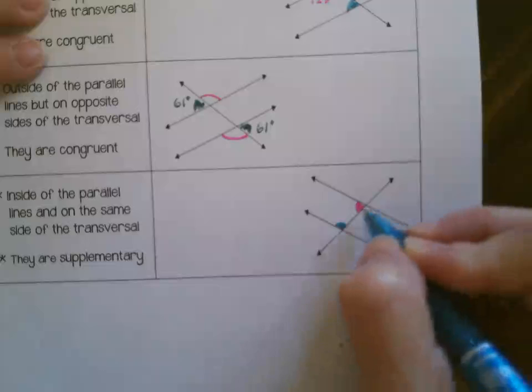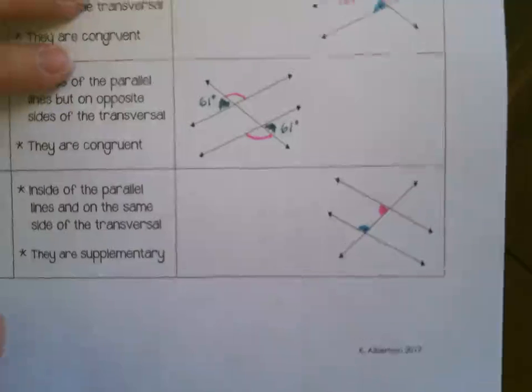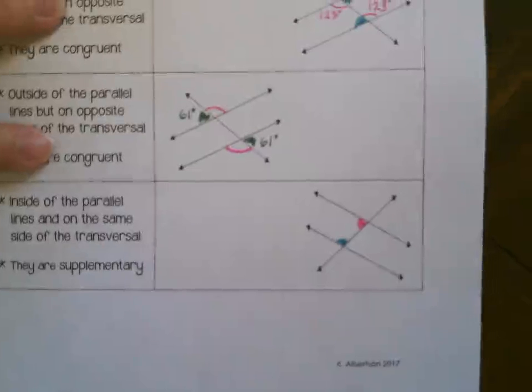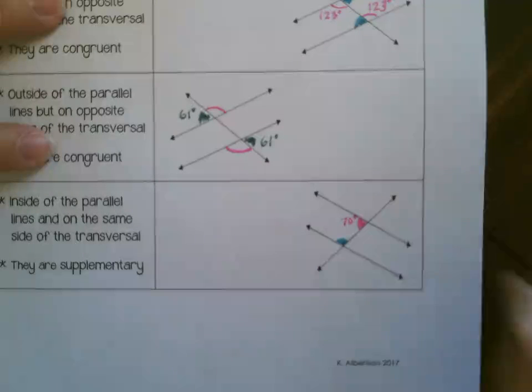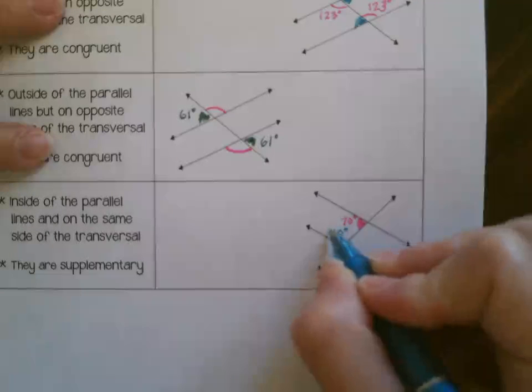Inside the parallel lines, but they're not on opposite sides, they're on the same side. So those are called consecutive. These are the only ones that are not congruent, but they are supplementary, which means that they add up to 180 degrees. So let's say that I told you this one right here was 70 degrees. Then you could figure out that this one down here would have to be 110 degrees.